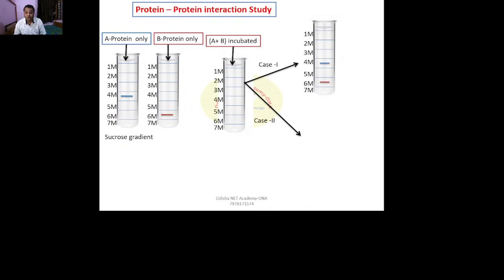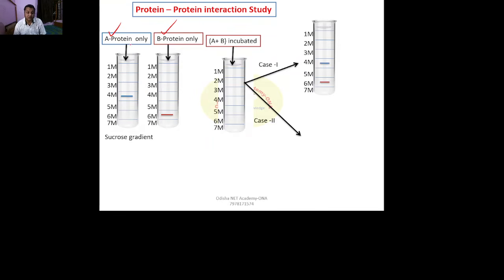Okay, now come to our main application or question. First question: how can protein-protein interaction be detected with the help of density gradient centrifugation? Suppose you are provided with protein A, and you are also provided with protein B, and you have to find out whether these two proteins are interacting or not with the help of density gradient centrifugation. So first you prepare the sucrose density gradient: 7 molar, 6 molar, 5 molar, 4 molar, 3 molar, 2 molar and 1 molar solution.